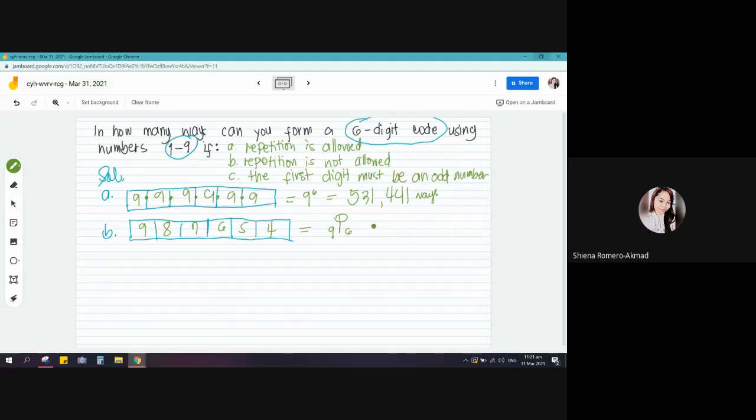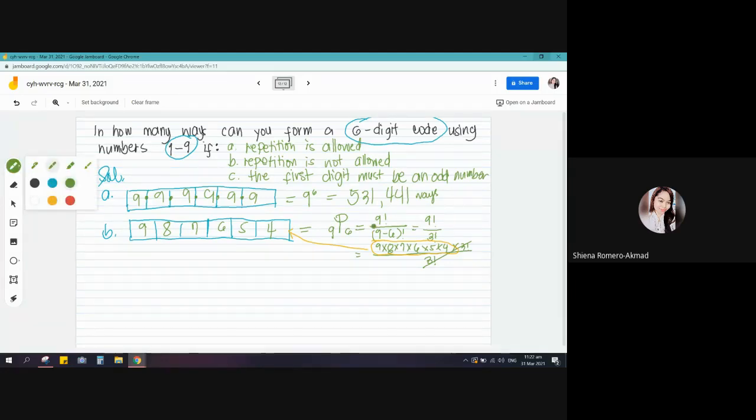So itong permutation of 9, 6 at a time will have 9 factorial divided by (9 minus 6) factorial. And that is 9 factorial divided by 3 factorial. So kung ganon, we'll have 9 times 8 times 7 times 6 times 5 times 4 times 3 factorial divided by 3 factorial. So kaya siya nagkaroon dito ng 9 times 8 times 7 times 6 times 5 times 4, which is just the same here.